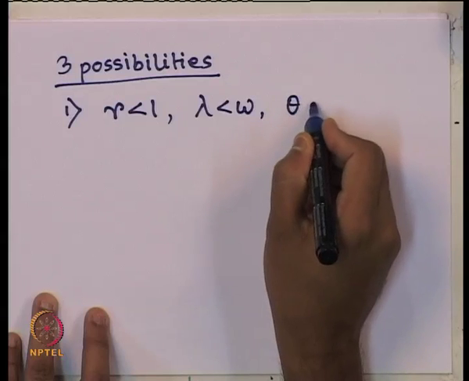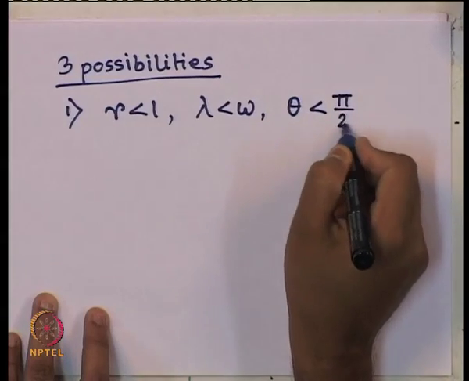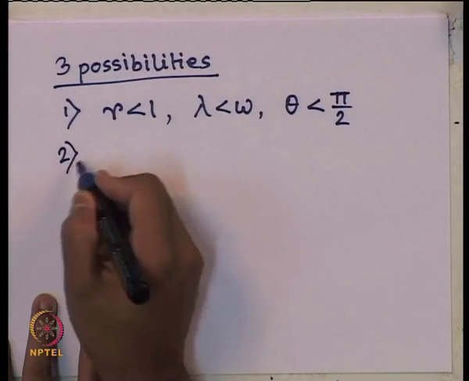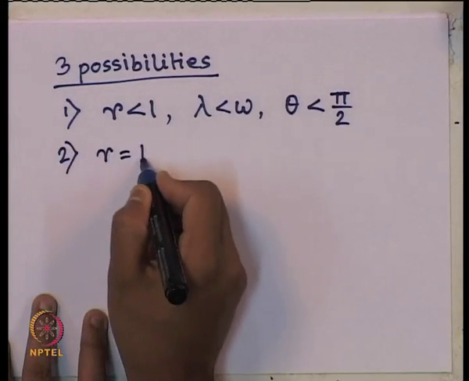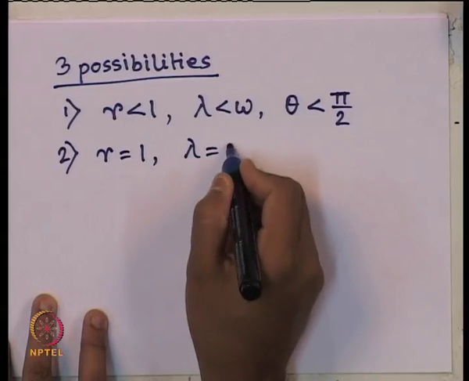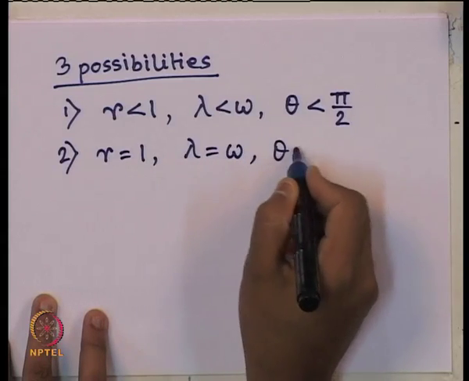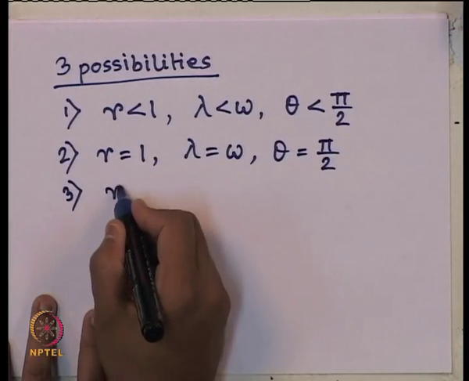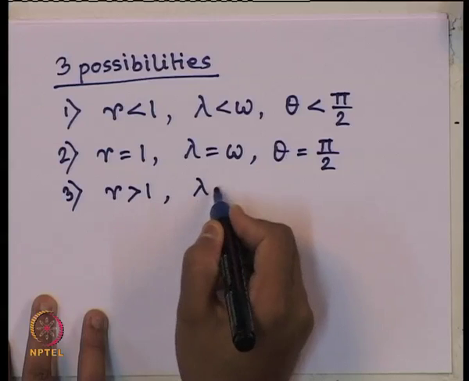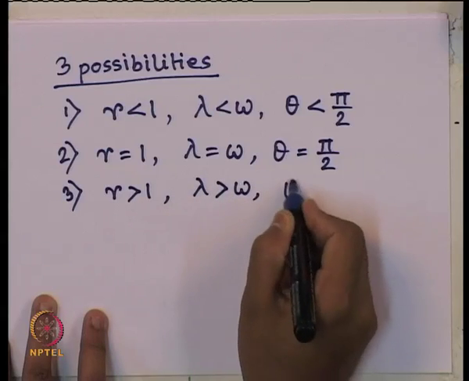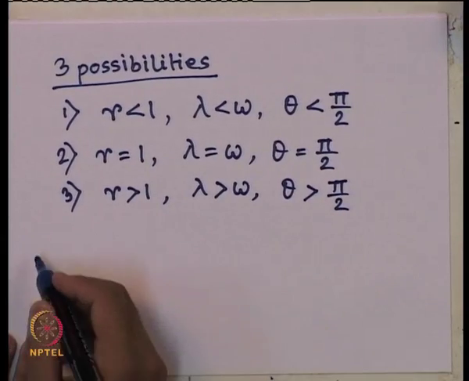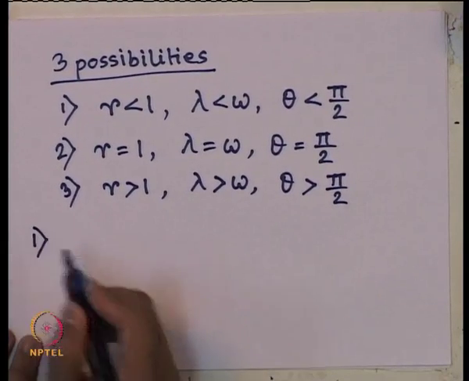We have theta less than pi by 2, that phase angle. The second case, R equals 1, that is lambda equals omega, theta equals pi by 2. And the third case can be R greater than 1, means lambda greater than omega, theta greater than pi by 2. Let me draw the Maxwell diagram for all the three cases.